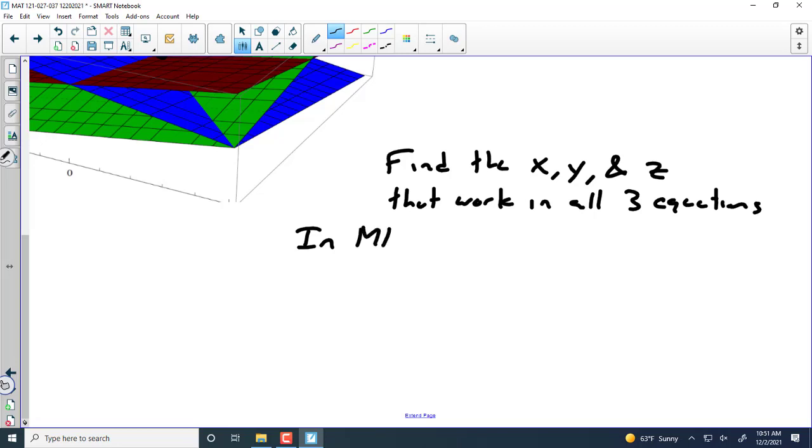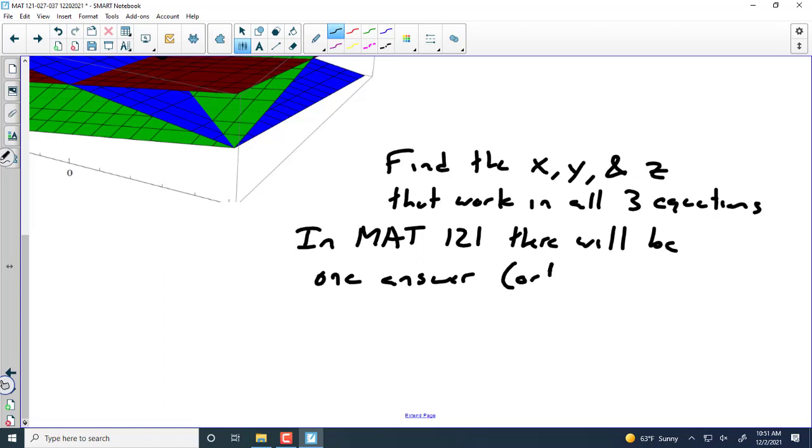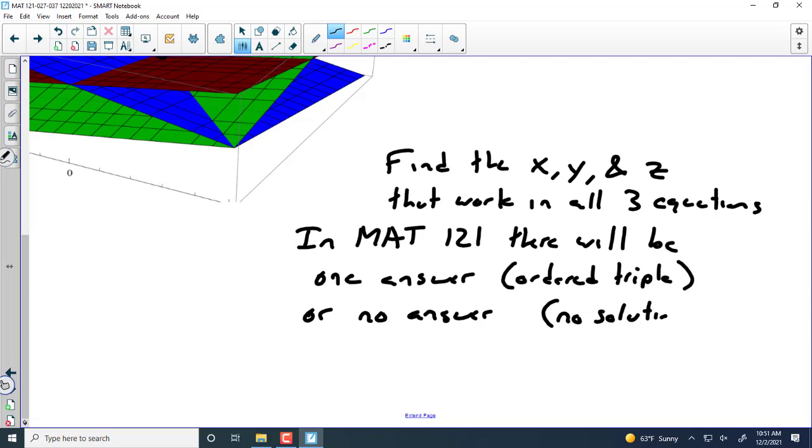In Math 121, there will be 1 answer, which will be an ordered triple, or no answer, which will mean there's no solution. Those are the 2 things we're going to encounter in this class when we do this. Either we're going to get an ordered triple, an x, y, and z that work, or we're going to find out there is no answer.